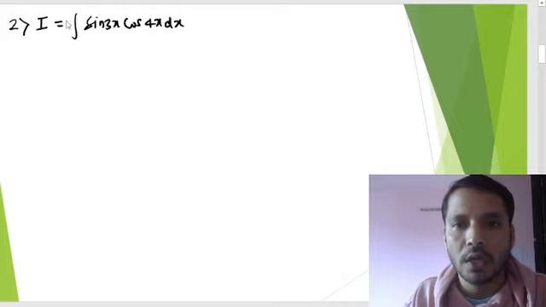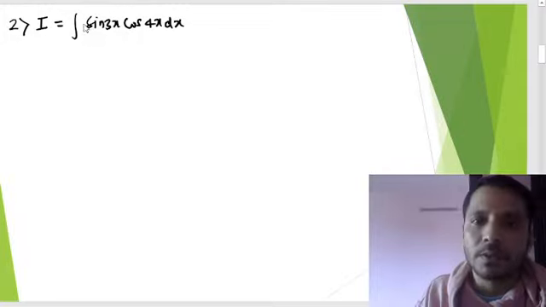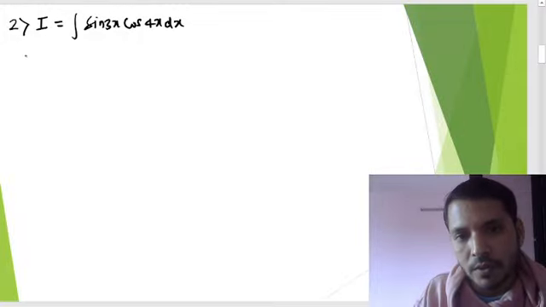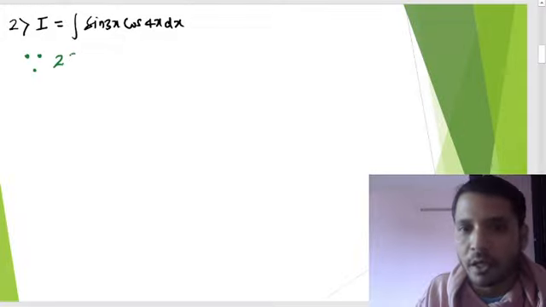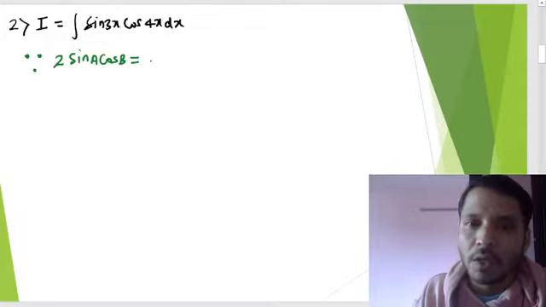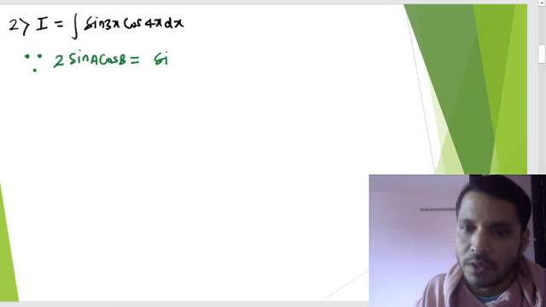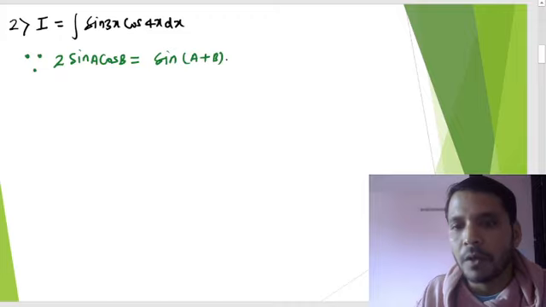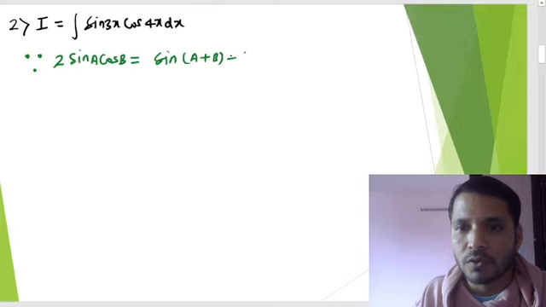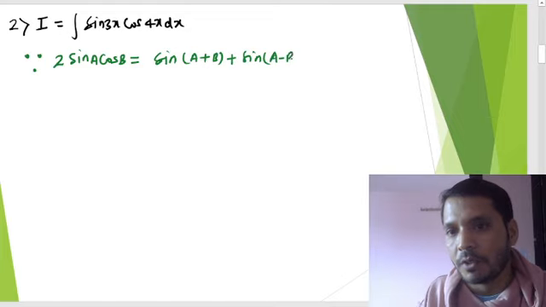We know that 2 sin A cos B can be written as sin(A + B) plus sin(A − B), right? Since we need the sine, it is plus only, plus sin(A − B).